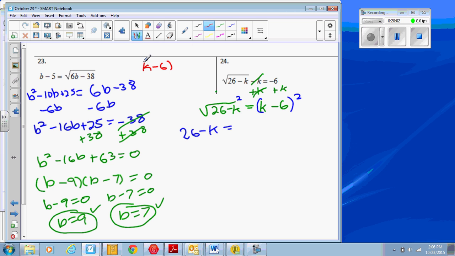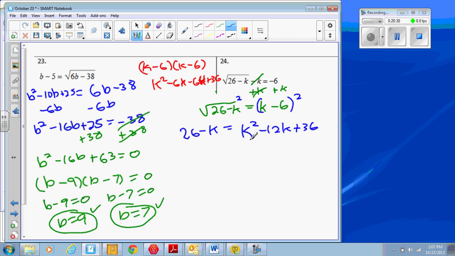K minus 6 squared is k minus 6 times k minus 6, which is k squared minus 6k minus another 6k, plus 36. So this side of the equation now is going to be k squared minus 12k plus 36.